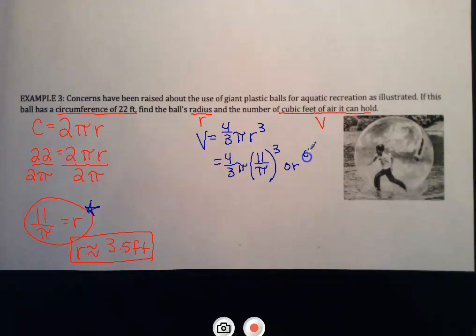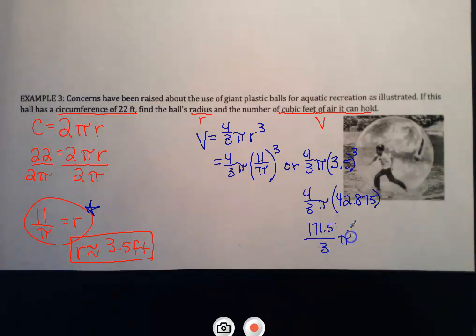Let's go with that. Because I know some of you don't have the fancier calculators. So this is going to be 4/3 times 3.5 cubed, if we want to do it that way. Or again, you can put everything in your calculator and let it go. So 4/3 pi times 3.5 cubed should be equal to 42.875, which would give us 171.5 divided by 3 pi.